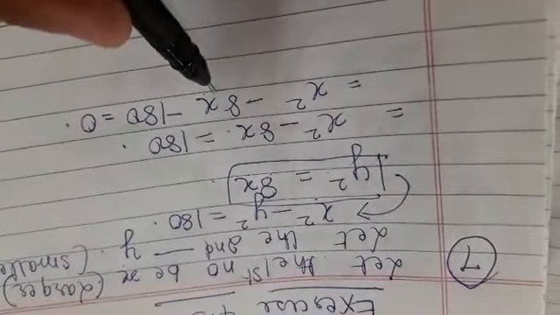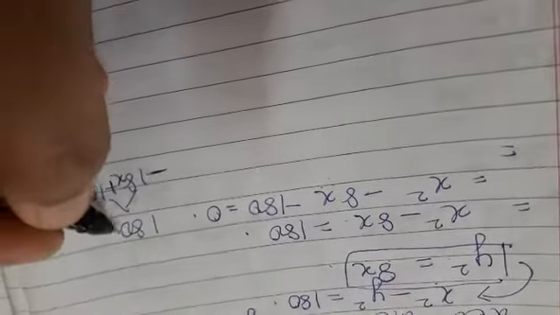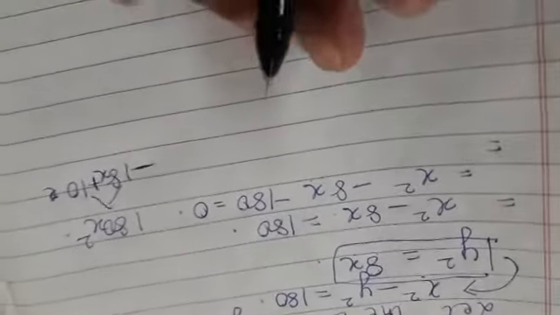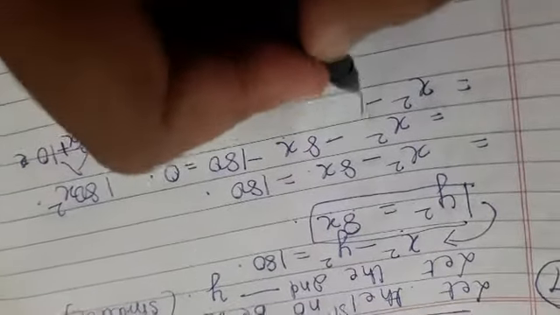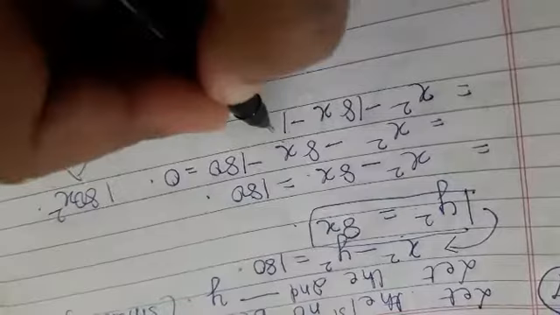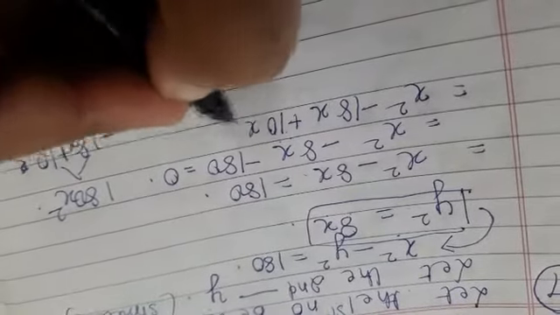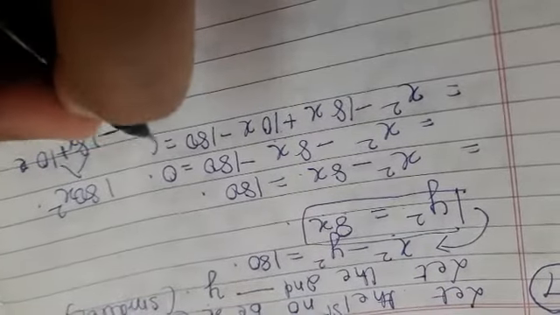For the factors of 180, I will take 18 into 10, and 18 and 10 will be subtracted. I will get 8. Now looking at the signs, here I will put minus, here I will put plus. So x square minus 18x plus 10x minus 180 equals to 0.